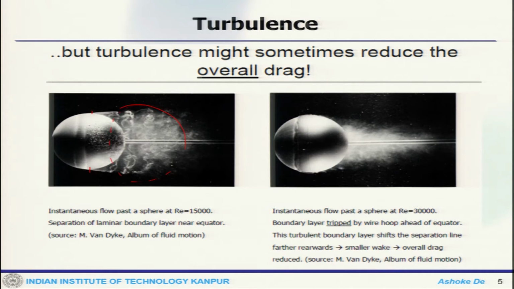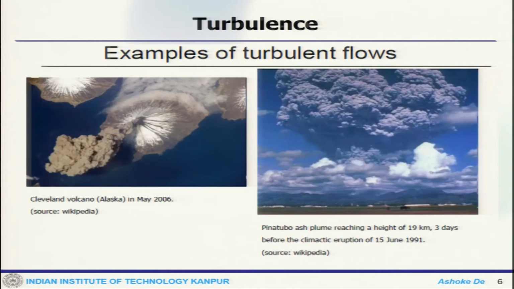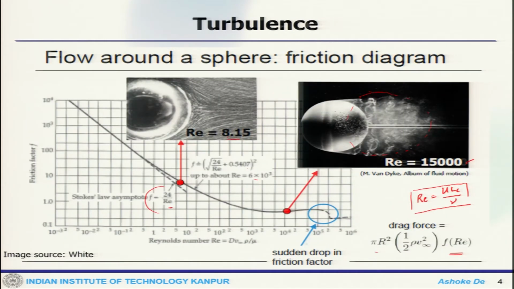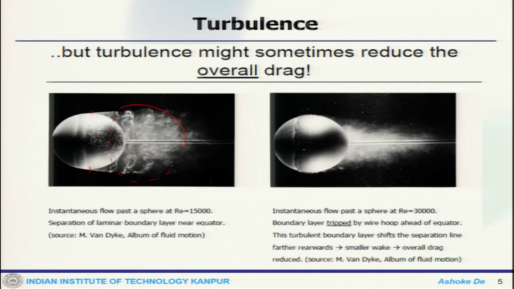That is a situation where the laminar boundary layer separates, because this particular Reynolds number 15,000 belongs somewhere here. That is with the increasing Reynolds number. So, if you have the separation point here, there is a zone which will create the adverse pressure gradient, and you will experience more drag force.